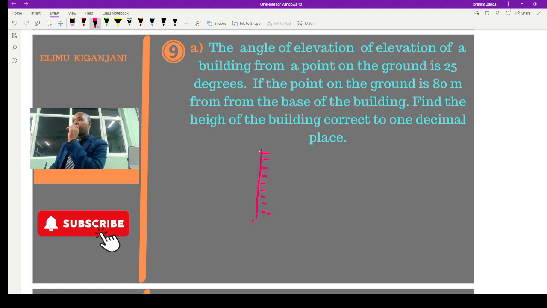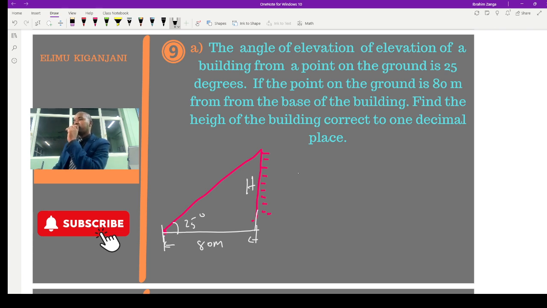The angle of elevation from a point on the ground. So this is the point on the ground. The angle of elevation is 25 degrees. And we were told that the distance from the ground to the wall of the building is 80 meters. So we are looking for the height.